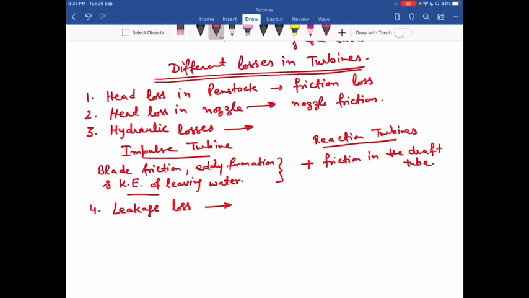So some of the water may go waste as it is not striking on the bucket. Okay, so that part we consider as the leakage loss. So in case of impulse turbines, whole of the water available does not strike on the bucket.